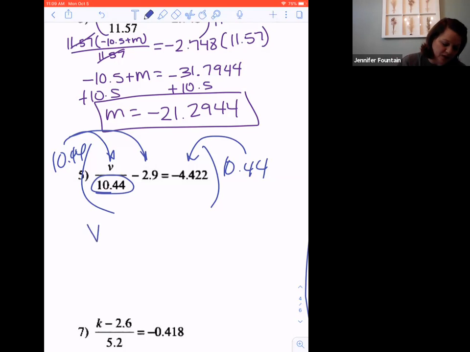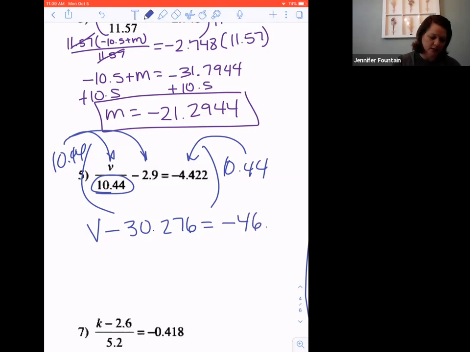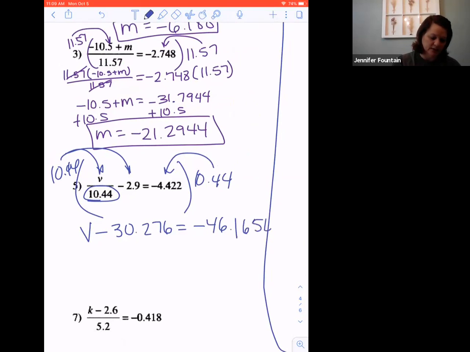So here I'm going to end up with v minus, let's see, we've got 10.44 times 2.9, that gives me 30.276 is equal to 4.422, 10.44, whoops, I didn't write it in. 4.422 times 10.44 gives me a negative 46.16568.